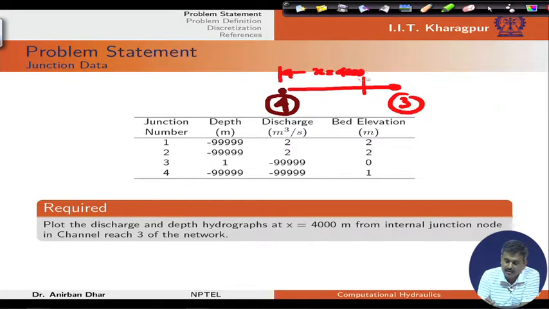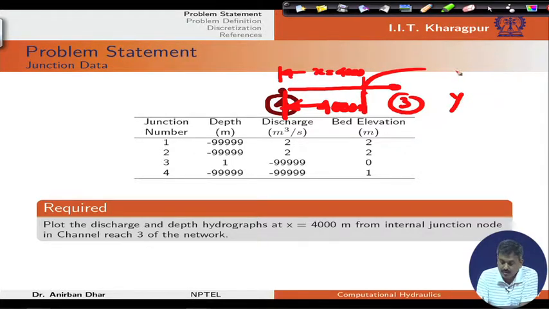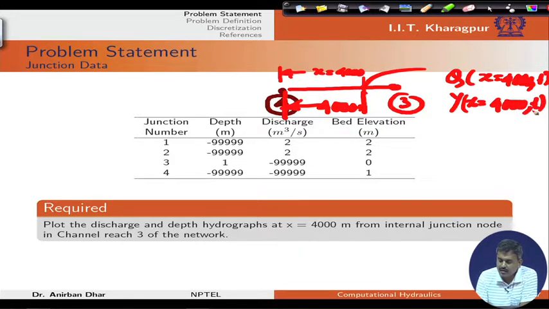That means, this length is 4000. At this length of channel 3, we need to find out what is the variation of discharge at x is equal to 4000, discharge with time, and again flow depth with time.